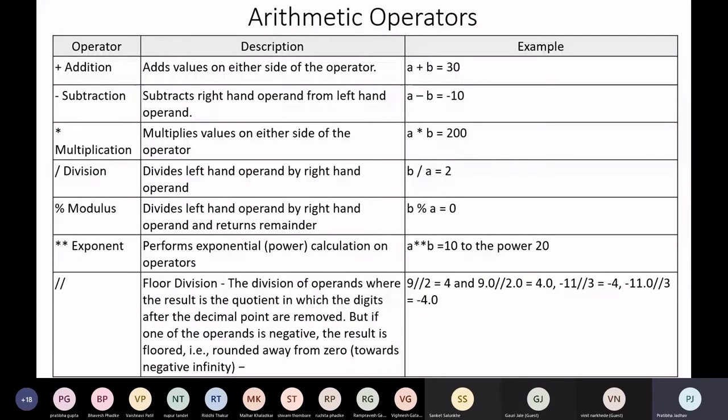The decimal part of the quotient will be removed from the result. If your result is 4.5, it will display only 4. It will not include 0.5 in the result. Let's see these operations with the help of Python.